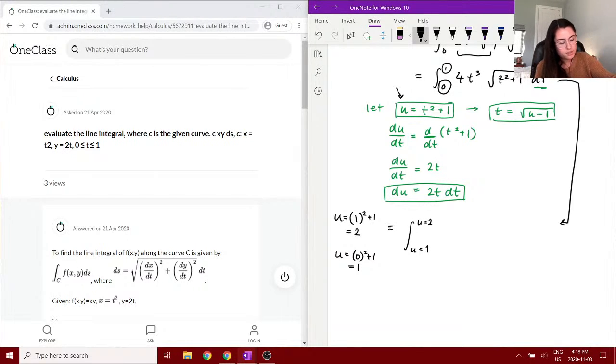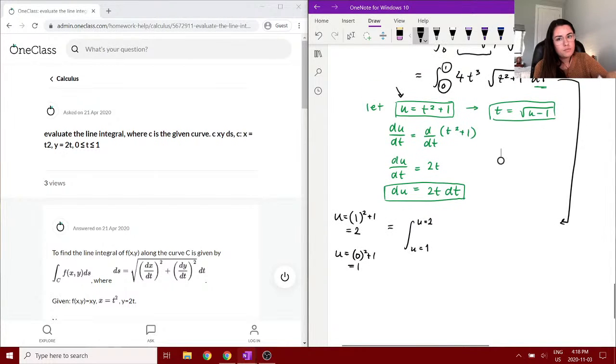So we changed the bounds. Now we have to rearrange. I'm going to write it under here, just so that we can see it separated a little bit, because before we change it to u, we need to move things around. So we have 2t squared. All I'm doing is separating this 4t cubed term so it's a little bit easier to see what we're doing.